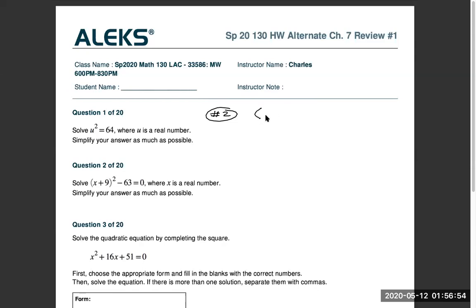So we start x plus 9, the quantity squared, minus 63 equals 0. I'm going to want to use square root property here because I have this factor term here that I can isolate because it's squared. Okay, so let me start by adding 63 to both sides.